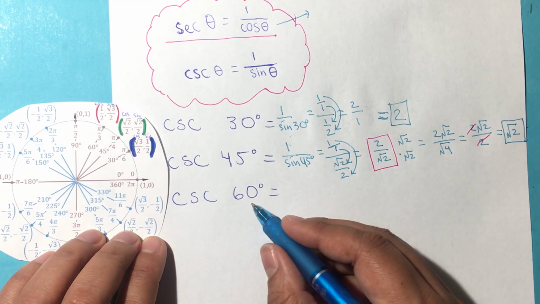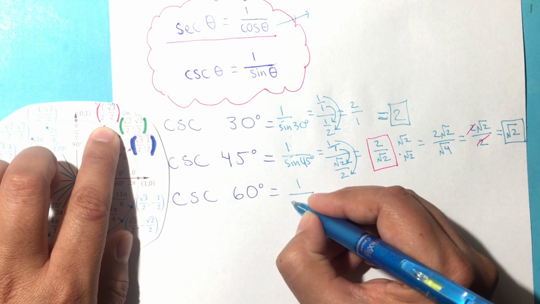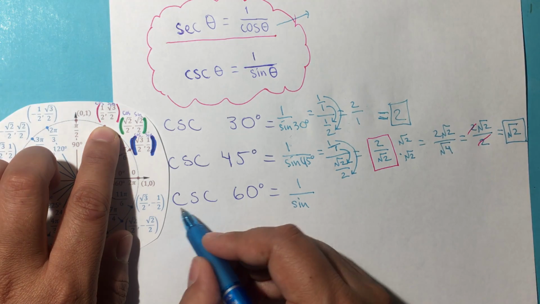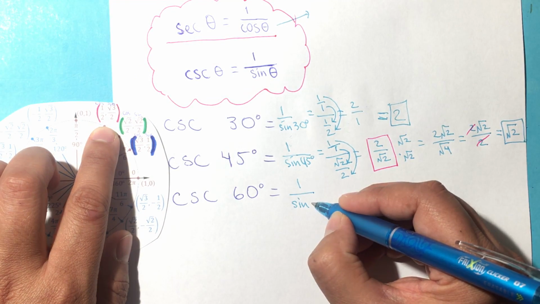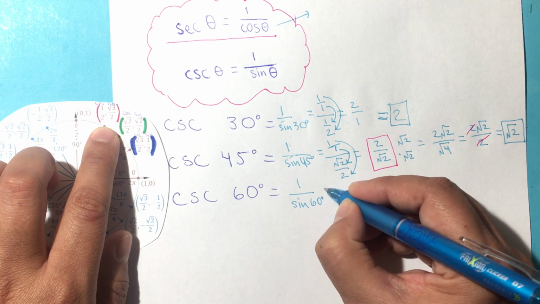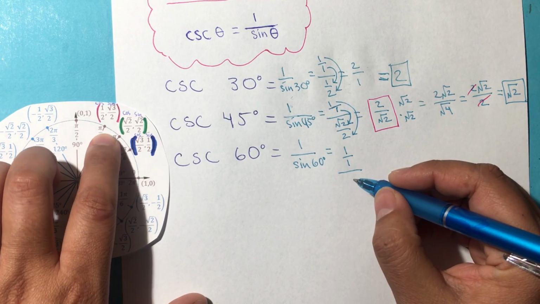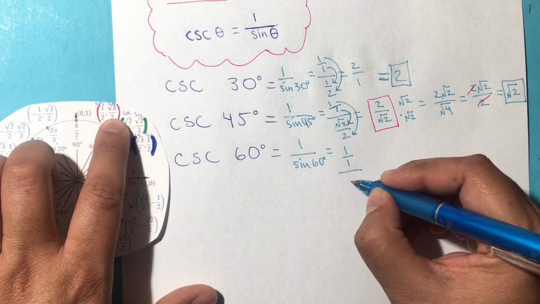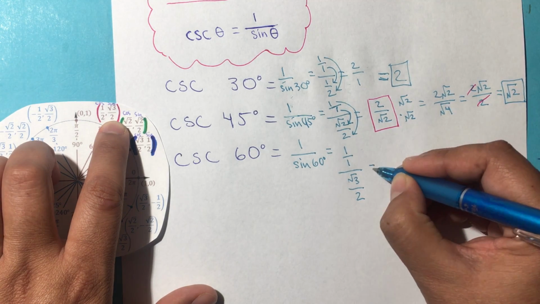For cosecant of 60. Cosecant of 60 is 1 over sine, not cosine, but sine, right, of a 60-degree angle. So the 1 is just going to be 1 over 1. And the 60-degree angle is going to be square root of 3 over 2.